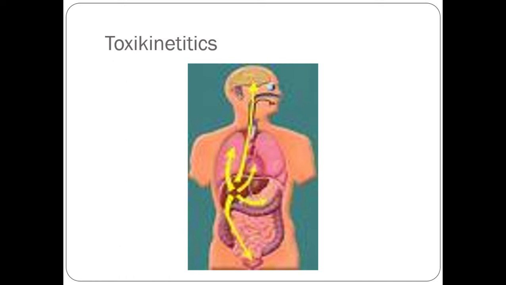But note that the most rapid route of exposure is inhalation. So the most rapid is inhalation, but the main route, the route through which a very large portion enters, is the skin.